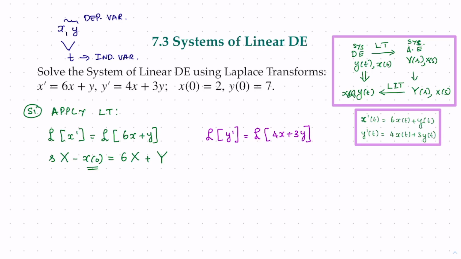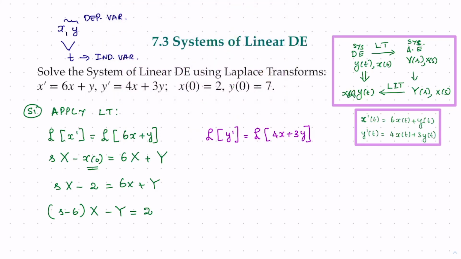So I'm going to have sX minus 2 is equal to 6X plus Y. And if I group them, you would see that I'm going to have (s minus 6) capital X minus Y is equal to 2. If you simplify, that's what I would have.